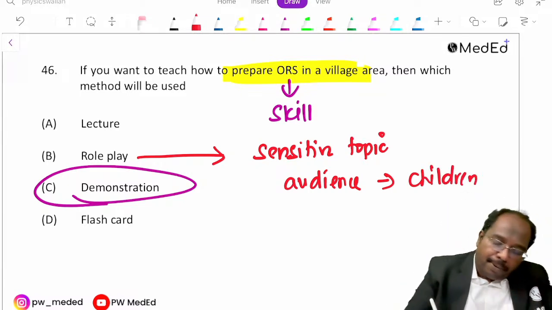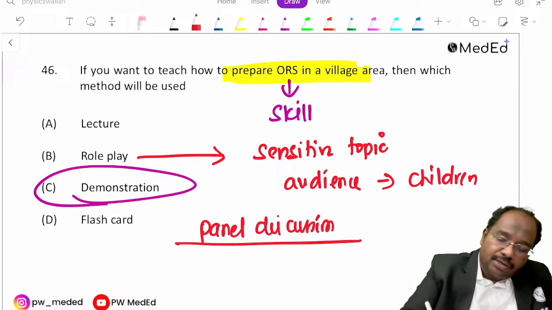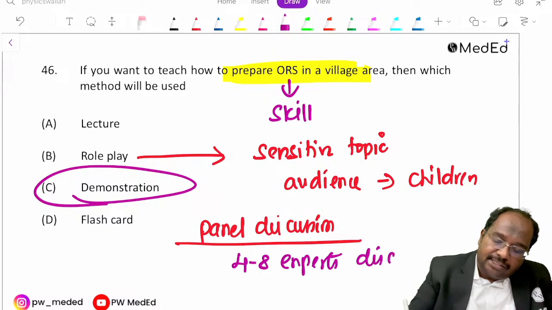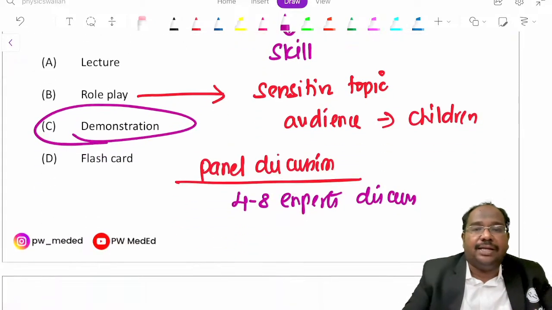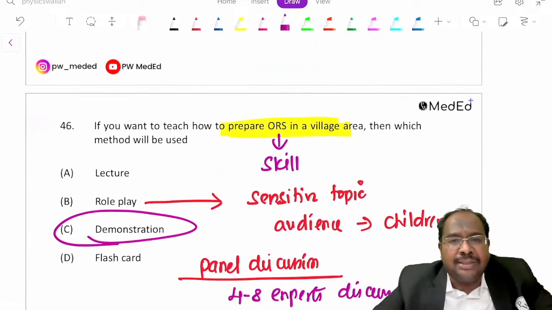Panel discussion, you can use panel discussion as a method of health communication. 4 to 8 experts sit and talk, they discuss, and as an audience, we can observe them. That is panel discussion.